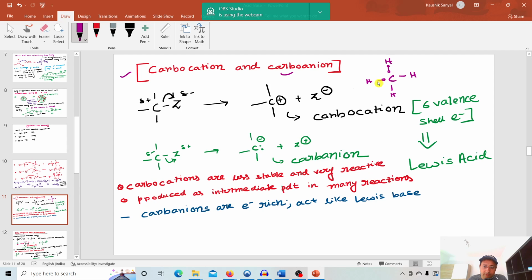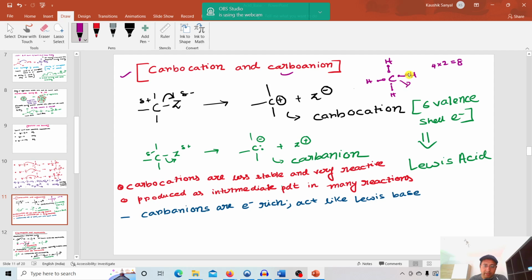After sharing, we have a total of 4 covalent bonds, so the number of electrons contributing is 4 into 2, that is 8. Using this structure, the octet of the carbon atom is fulfilled, so the carbon atom in methane is neutral.